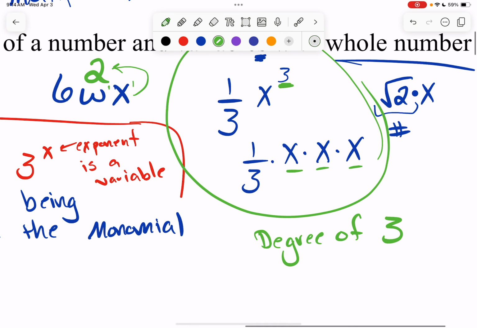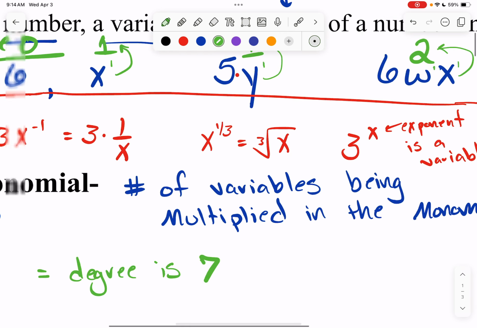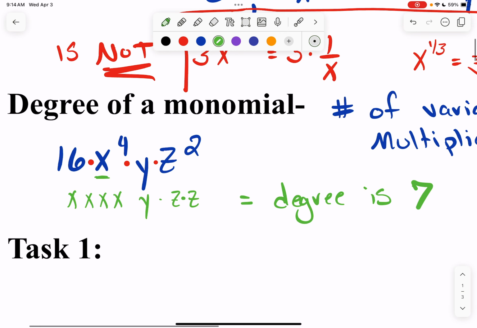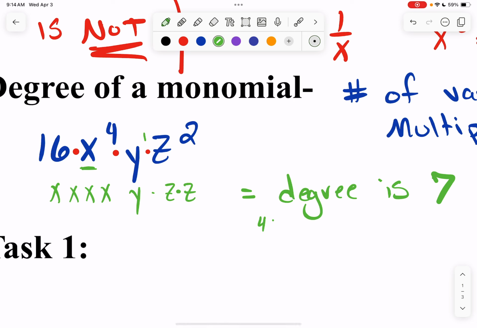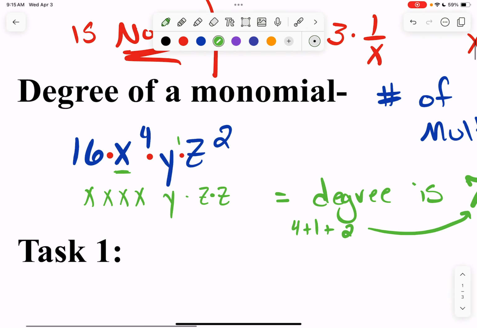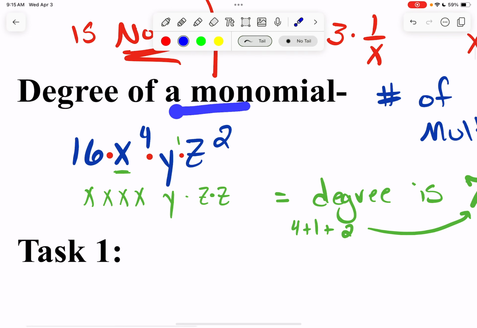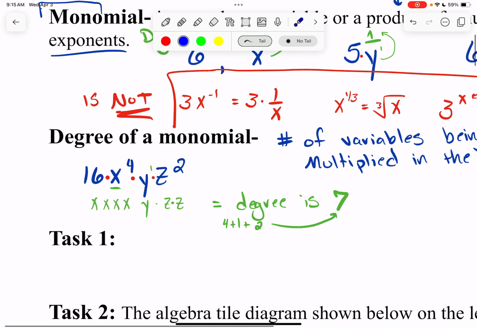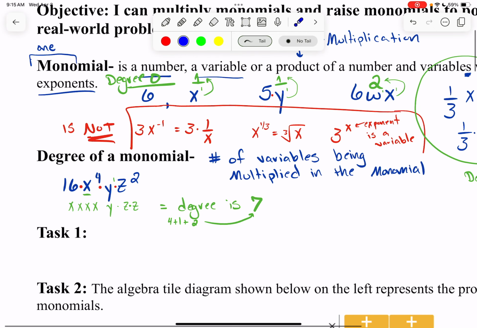Here, exponent is 3, so degree is 3. Here, when I add these exponents, 4, y to the first, and 1, z to the second, so 4 plus 1 plus 2 gives me that 7. But I will tell you a very common mistake is to forget that one exponent. So I always like to treat it as the number of variables being multiplied in the monomial. And that's much easier to understand in my opinion.